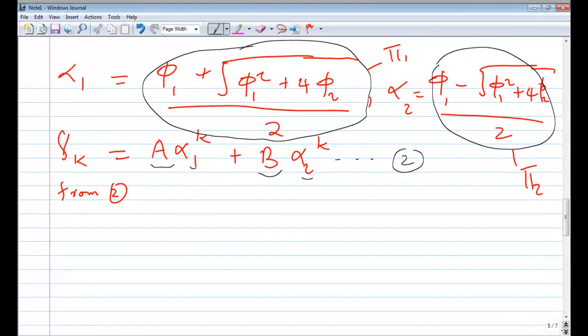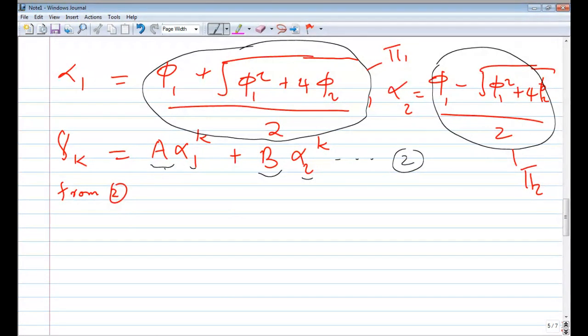Now we are left with A and B. So the step that follows, we just want to play around so that we can find A and B. You can use any type of manipulation to calculate A and B. But in this case, I just want to show you how you can find A and B. There are many ways. This is one of them.